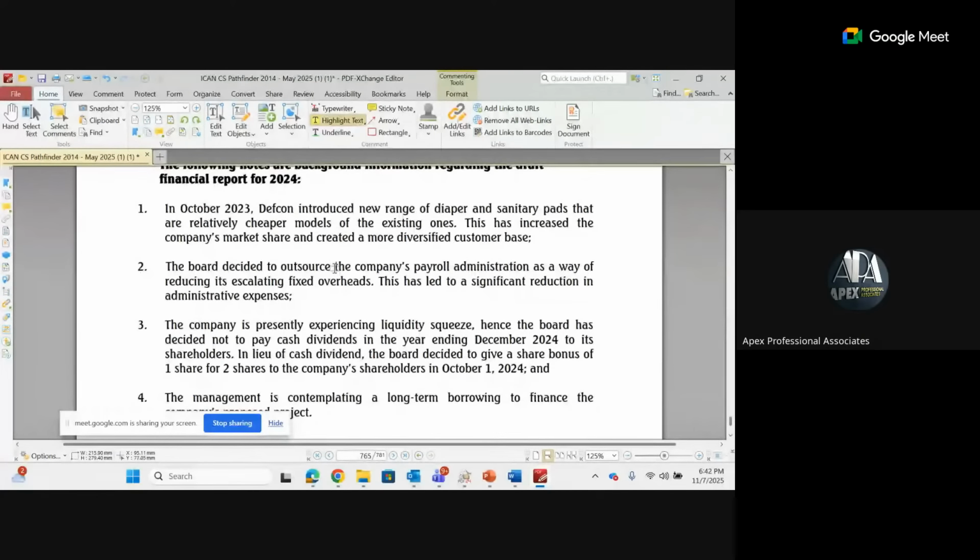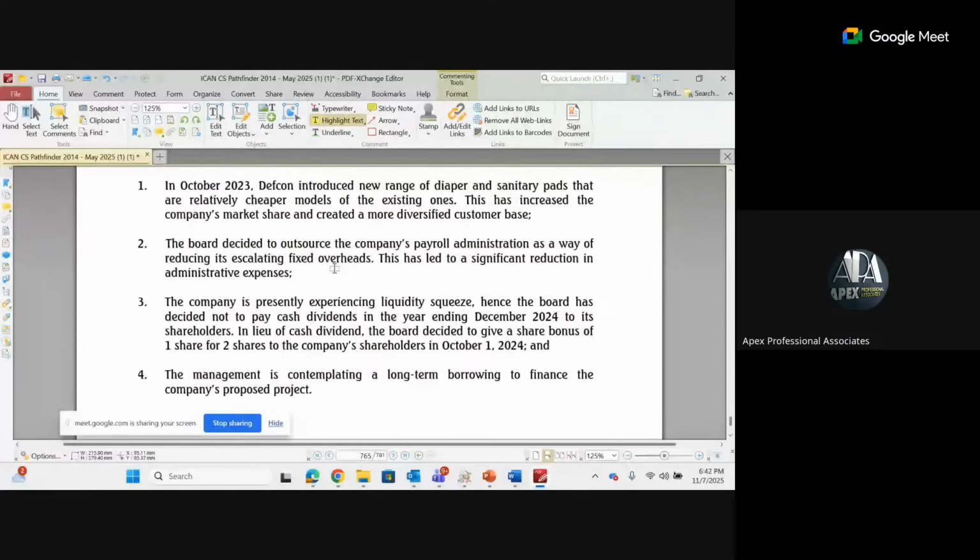Note 2. The board decided to outsource the company's payroll administration as a way of reducing its escalating fixed overheads. This has led to a significant reduction in administrative expenses. Note 3. The company is presently experiencing liquidity squeeze.